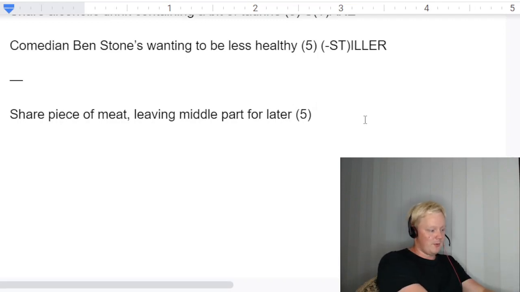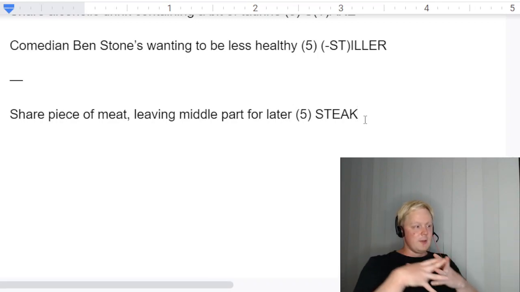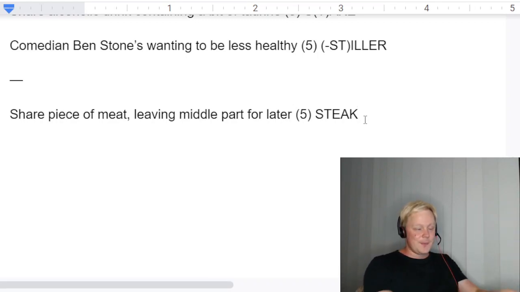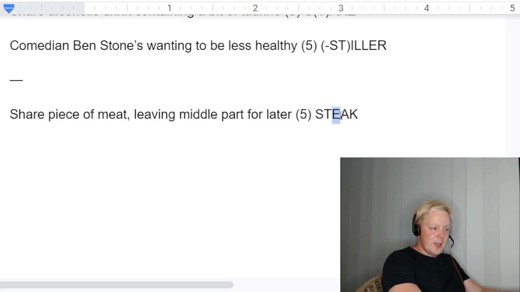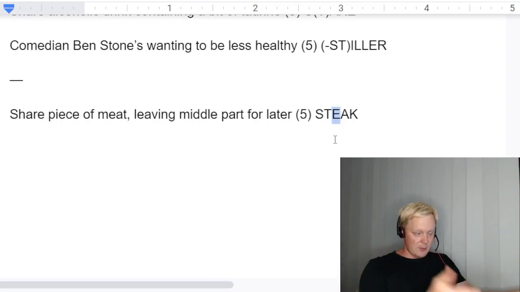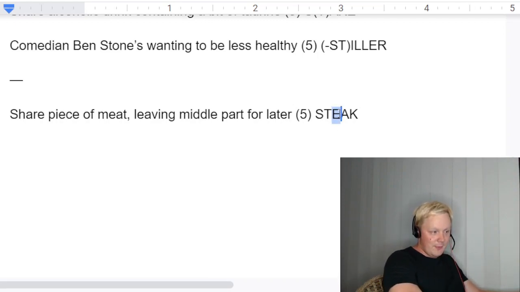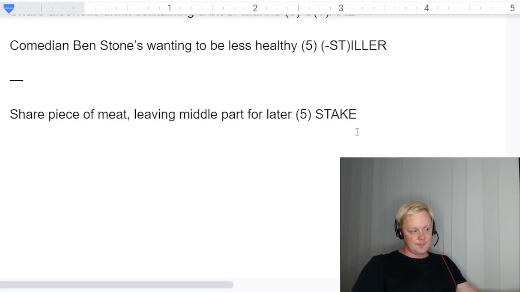So we have a word for piece of meat, and we've used this before, the steak. And if you leave the middle part for later, so this is the middle part of the word steak, if you push this back a bit, it goes to the end and you get the word steak.